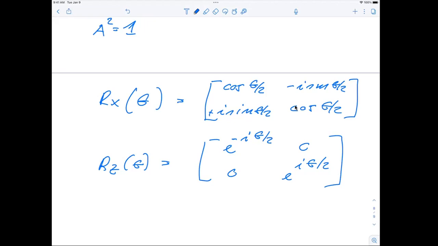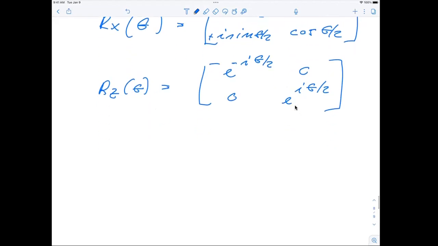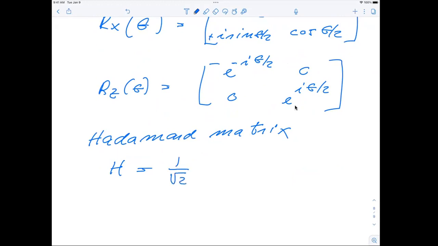Now, there's another very important matrix, and that's called the Hadamard matrix. This is normally written as an H, and it is given by 1 over square root of 2 times the matrix 1, 1, 1, minus 1.